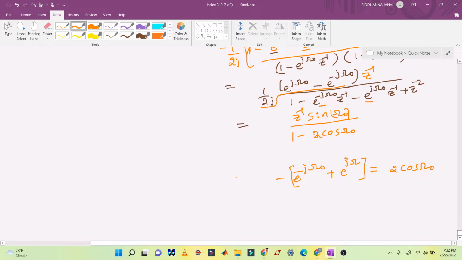Z inverse I will write here itself, 2 into z inverse, so no need to worry about that. Plus z inverse square. So this is our x of z.